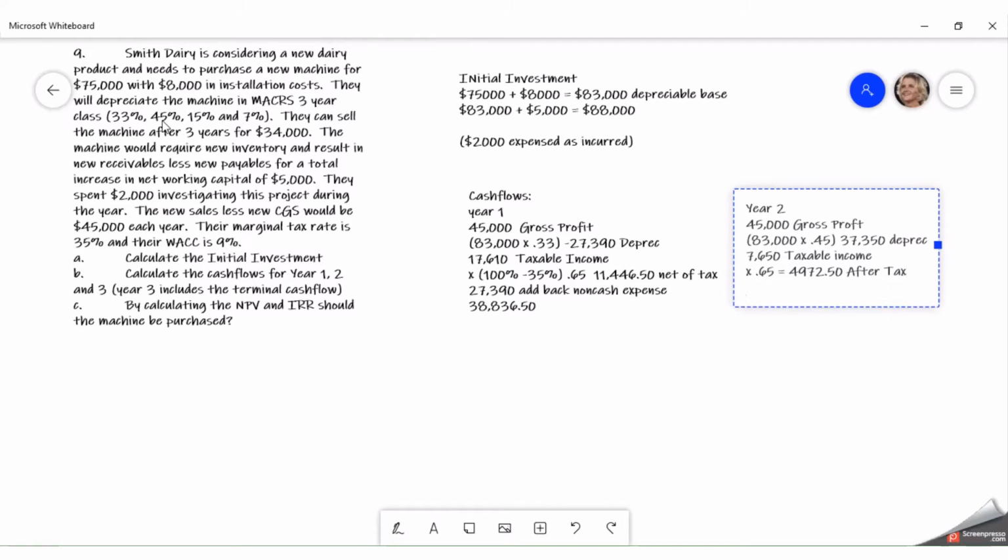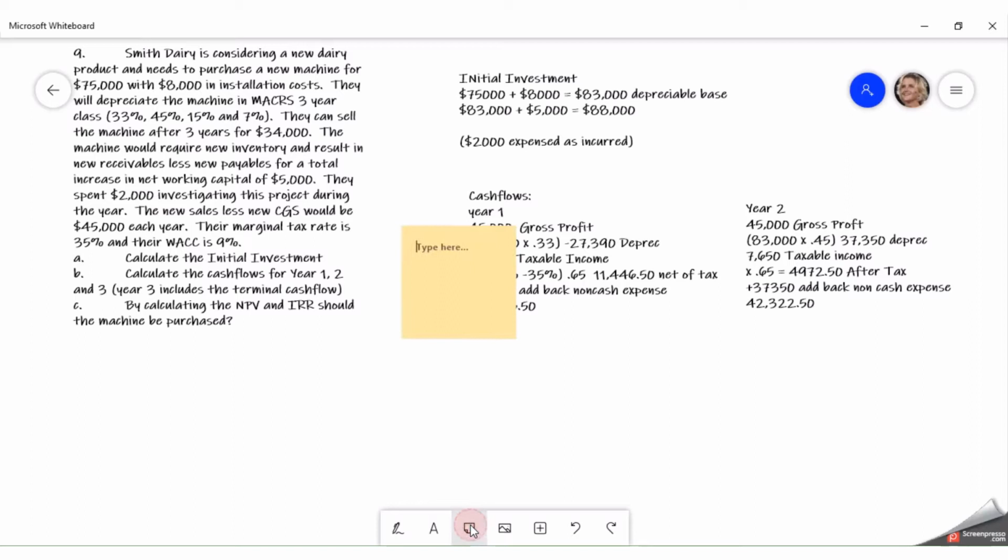And then we add back our depreciation, because it's a non-cash expense. And that leaves us with $42,322.50 for year 2.